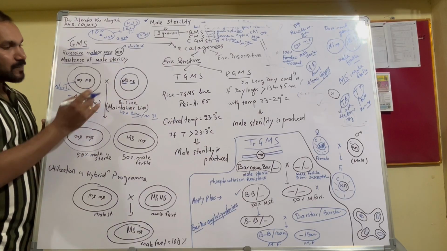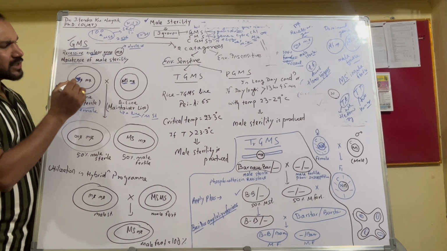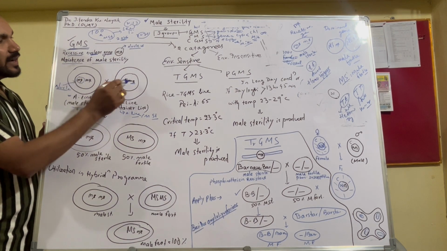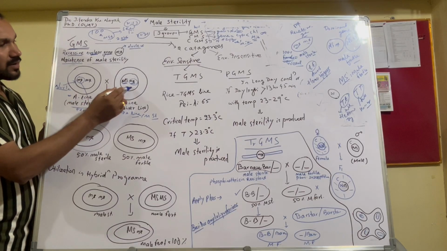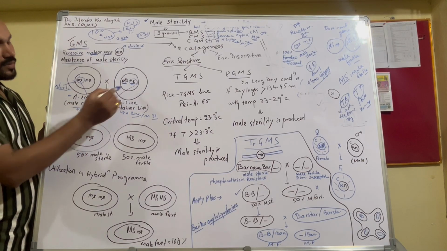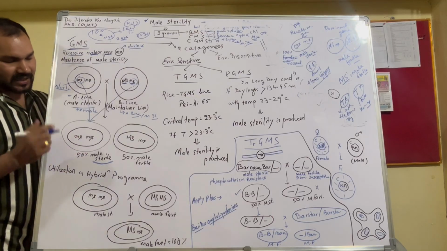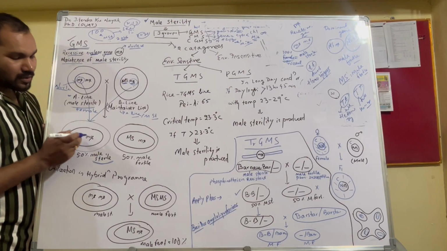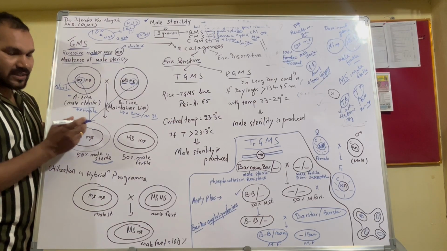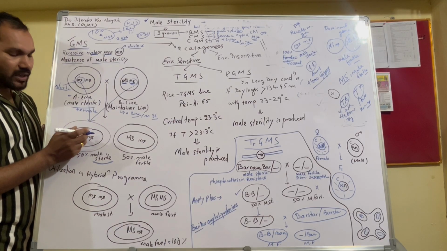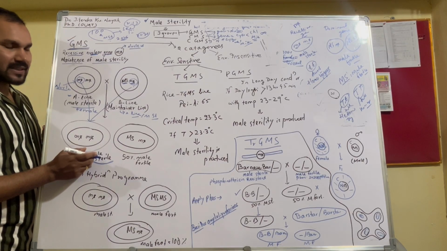What do I get? 50% I will get small ms and small ms coming together to produce male sterile line. Why male sterile? Because both of the alleles present within the gene, and the gene is present in the nucleus, are recessive. Hence it acts as male sterile.